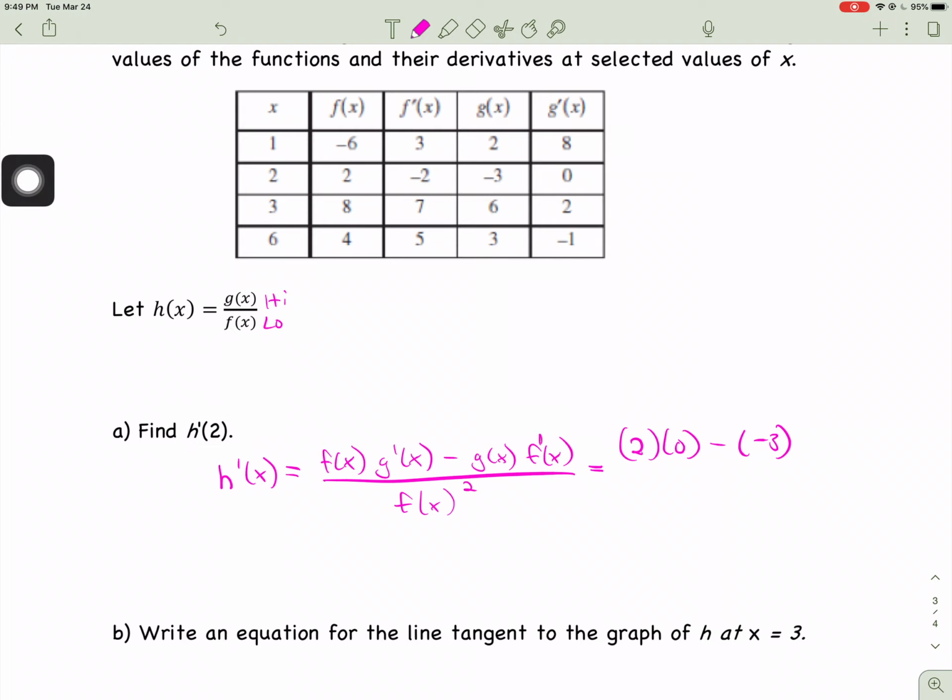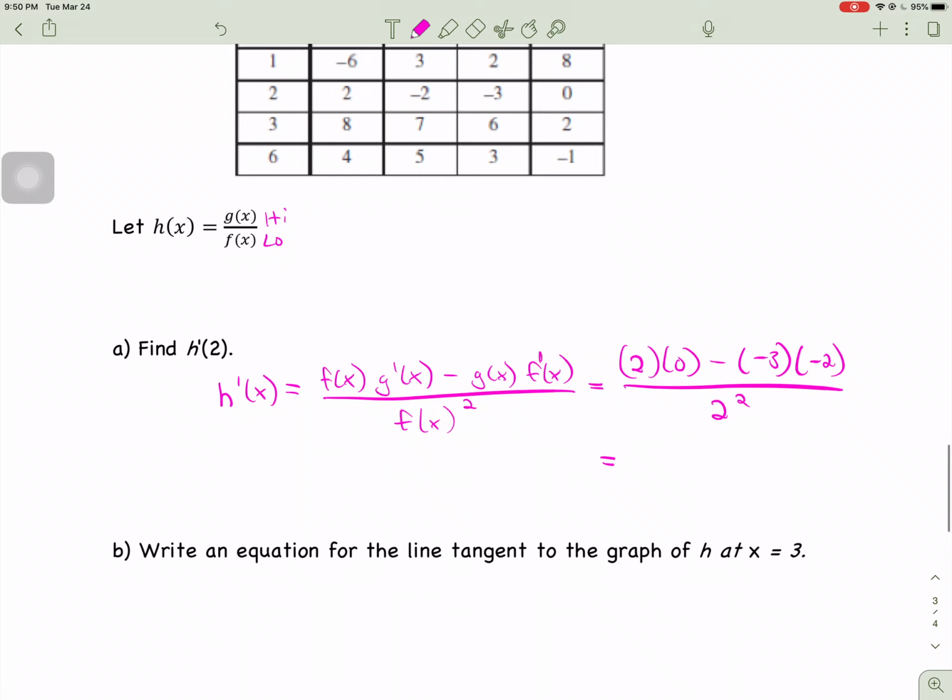F prime of 2, negative 2, over, what's f of 2 squared? F of 2 is 2 squared. So this comes out to, let's see, 2 times 0 is 0. Negative 3 times negative 2 is 6, so minus 6 over 4, which is negative 6 over 4, which is negative 3 over 2.